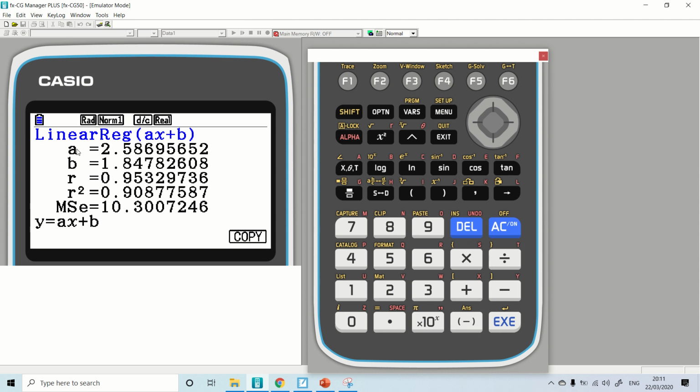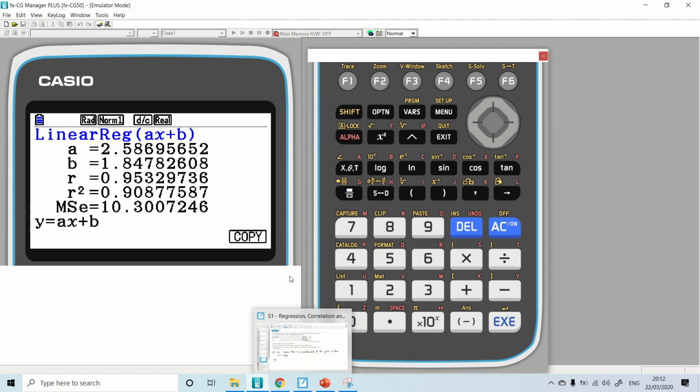So we know that the gradient of the line of best fit is 2.5, and the y-intercept would be 1.8. But what we're interested in is this value of R. And that's our PMCC, our product moment correlation coefficient. So R equals 0.95 to 2 decimal places.